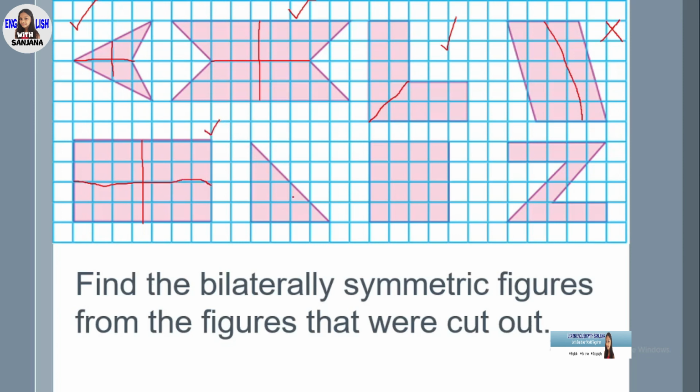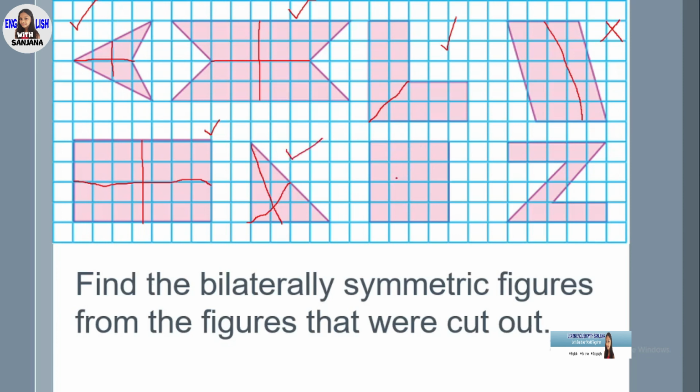Is this a bilateral symmetric figure, friends? Yes, it is. When we draw this straight line segment from this point to this point, then the two parts will coincide. But what if we draw a line segment from this point to that point? They won't coincide. This is a bilateral symmetric figure.